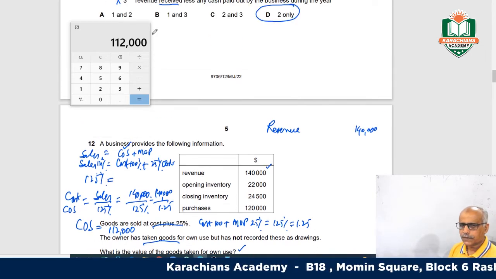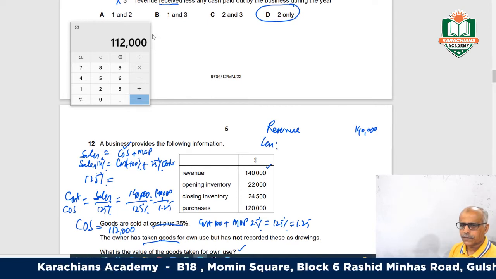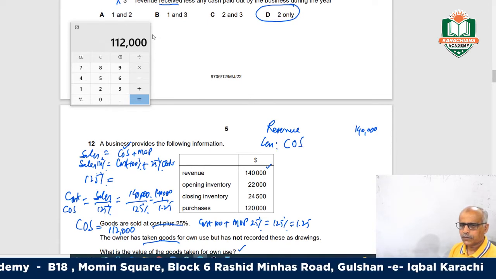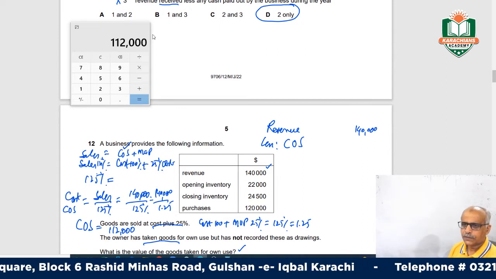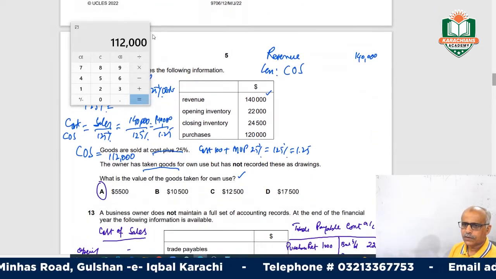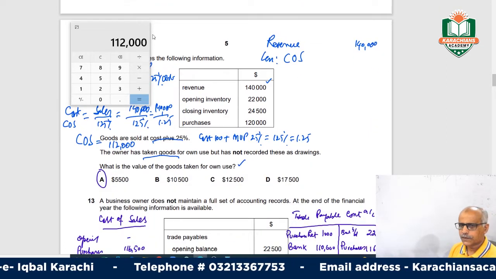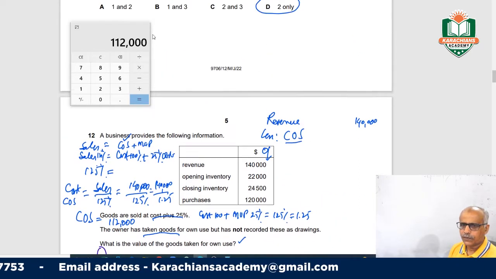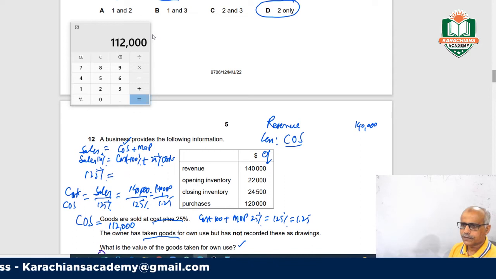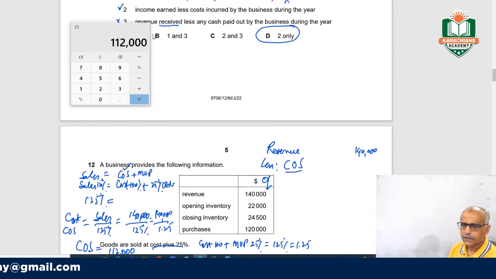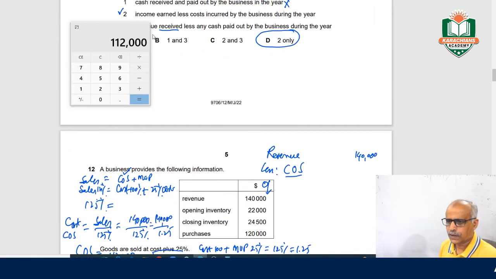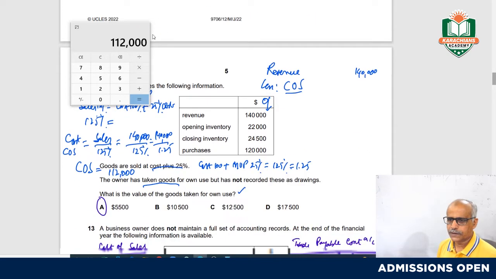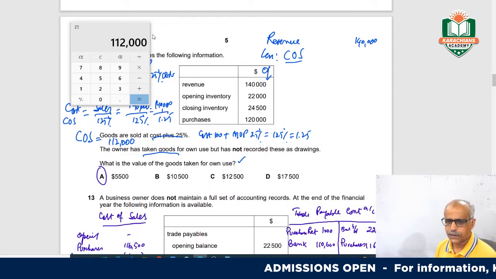You have to deduct cost of sales. How do we work out cost of sales? Just 1 minute. I think there is some technical problem.